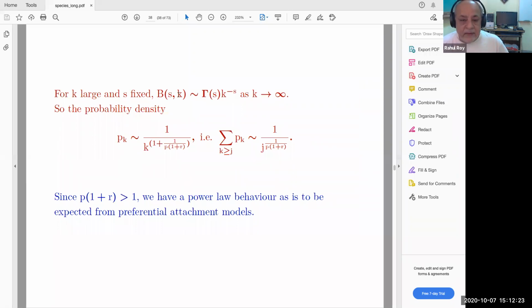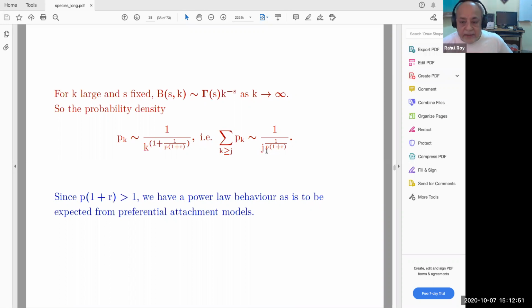It says that, for beta(s, k), the function behaves like k to the power minus s. And so the probability p_k is of this form. In other words, the tail, the probability that k is bigger than or equal to j, is exactly this quantity. So we have a power law behavior, a fat tail, as we say.